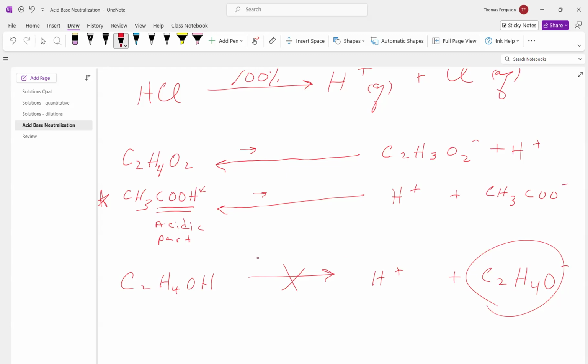Now, additionally, we can have things that have multiple OH groups that come off and multiple H's that come off. So I'm just showing you when one comes off. Sometimes there are multiple ones that come off.